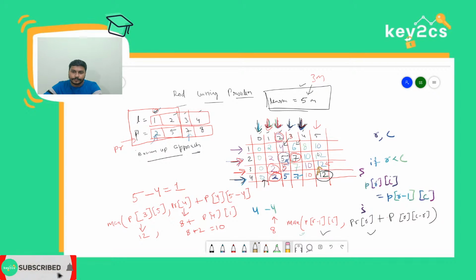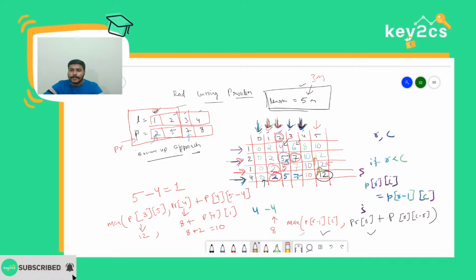Now again 12. Check again: have you copied the previous value, or is this a new value? If you compare with the previous value, it is also 12. So that means you have come from the top, so just move on to the top. Okay, are you getting my point? Fine.